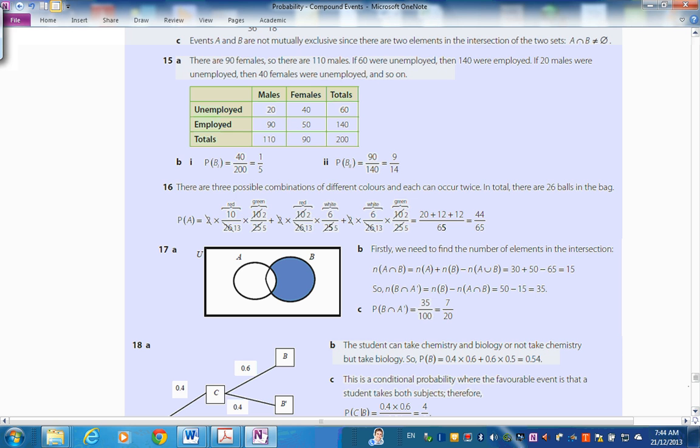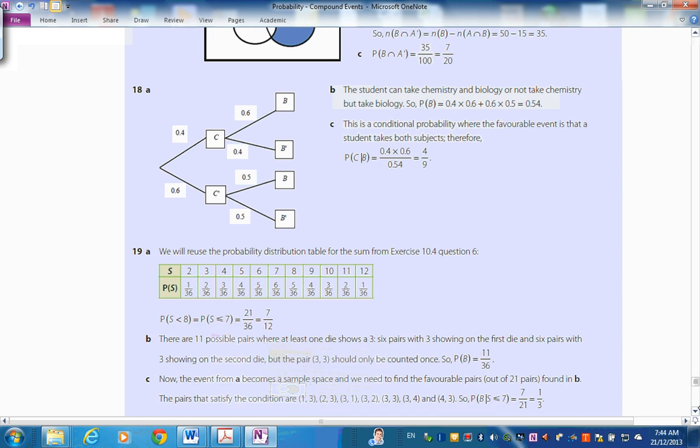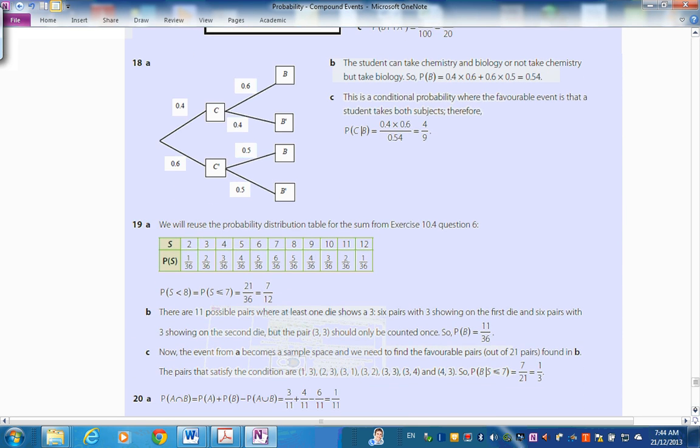There's 15, 16 and 17. See if we can get 18 and 19 there.